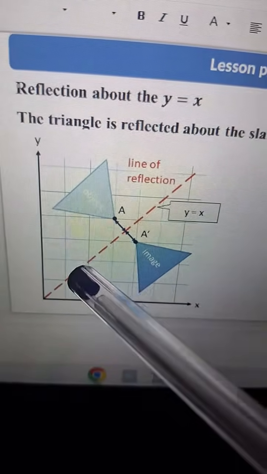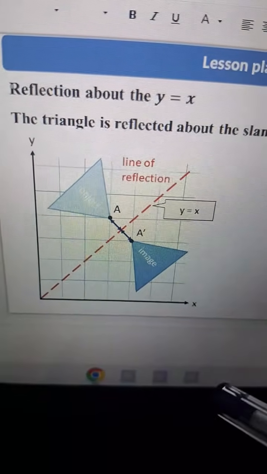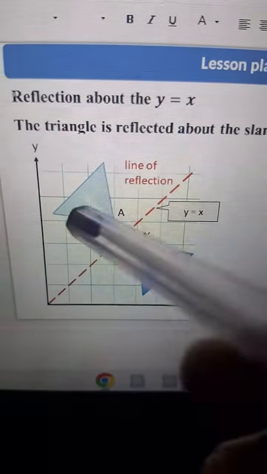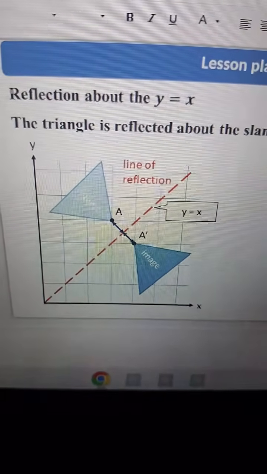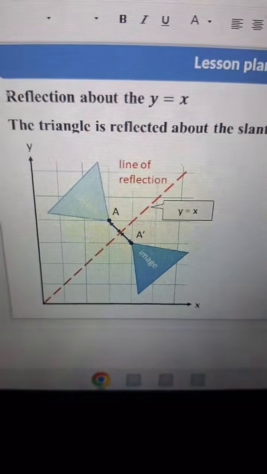This point and that corresponding point, the image of the two objects is the swapping of the x and the y value around.